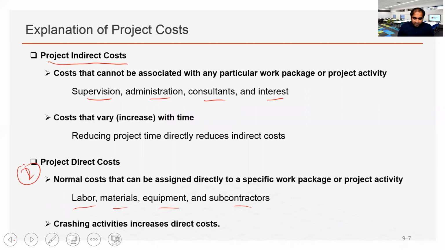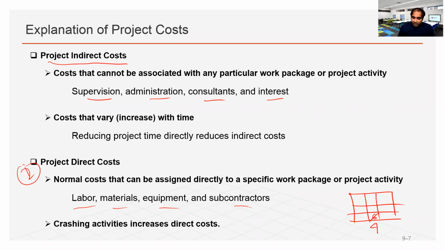Now, if we crash an activity, that means an activity is, for example, scheduled for a duration of 6 days, and if you want to do it in 4 days, crash it to 4 days, all right?